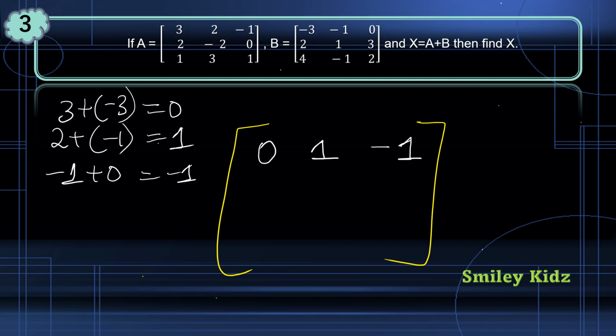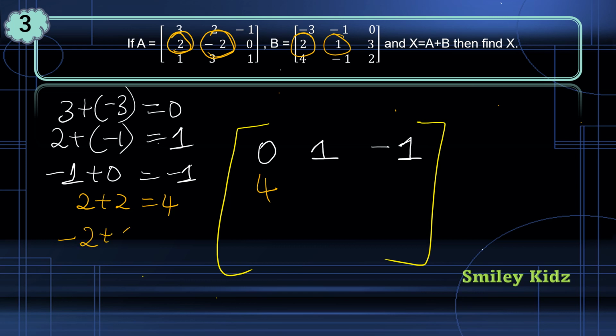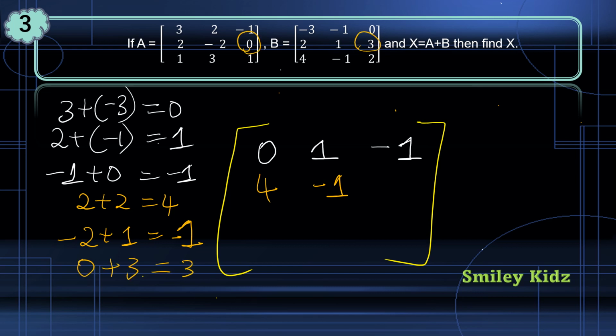Now let's erase them. Then we have 2 plus 2, which is 4. So here you're going to have 4. Then minus 2 plus 1 will give you minus 1. So here you're going to have minus 1. Then we have 0 plus 3. 0 plus 3, which is going to give you 3. So here you're going to have 3.